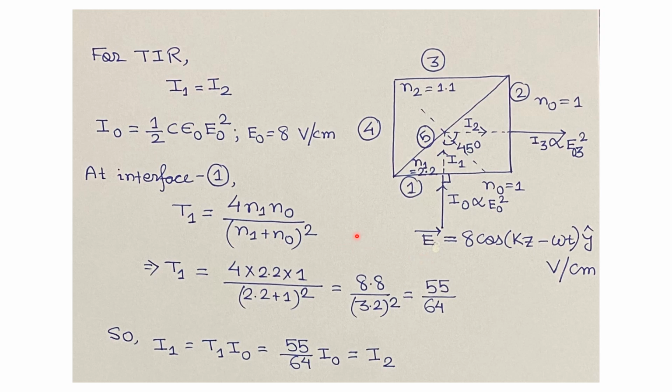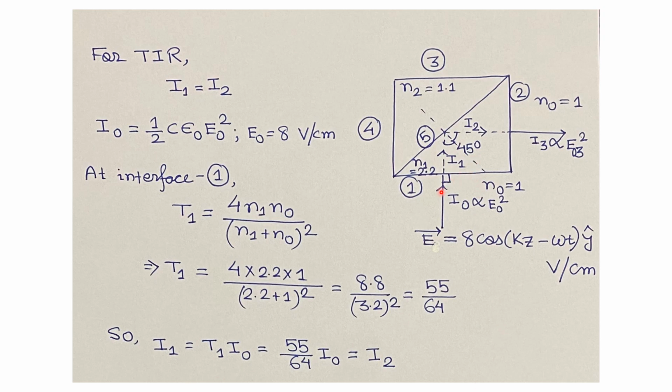Now for in-plane polarization, the transmittance formula is this, which is T1 equals 4 N1 N0 by N1 plus N0 whole square. Now if we put the values for N0 and N1 in this formula, we will get T1 as 55 by 64. So we get the transmittance for the interface of region 1 and this region.